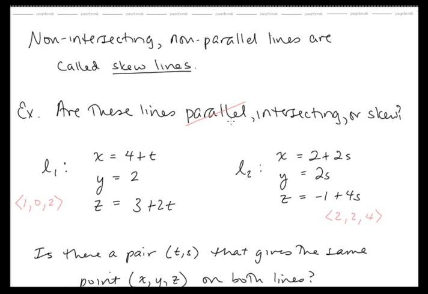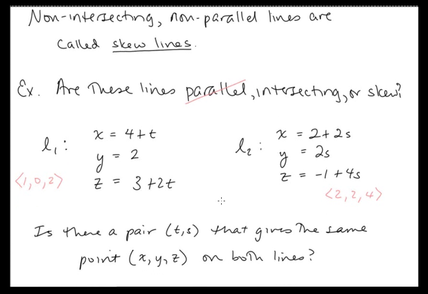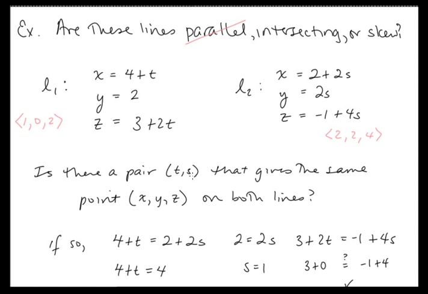So now that we know that the lines are not parallel, let's see if they're intersecting. What would it mean if the lines were intersecting? It would mean that there's some T value here and some S value here that give us the same X, Y, Z coordinates. So we're looking for a pair of T, S that work together to give us the same point x, y, z.